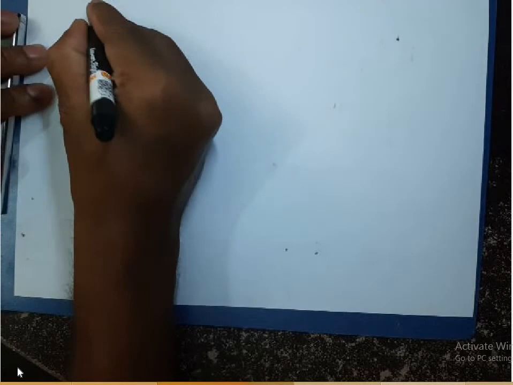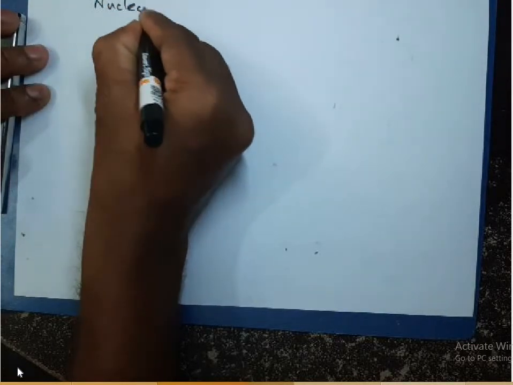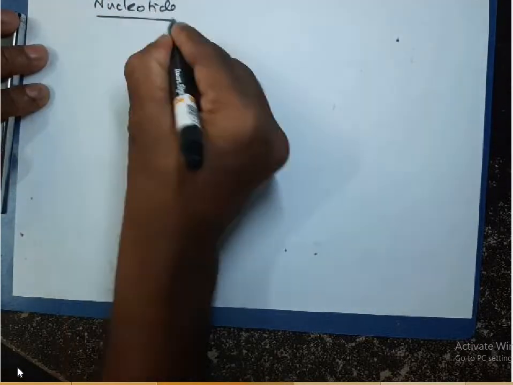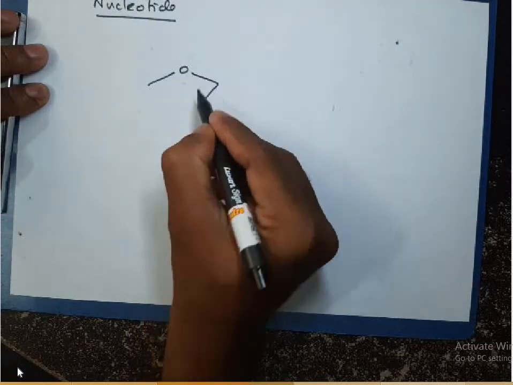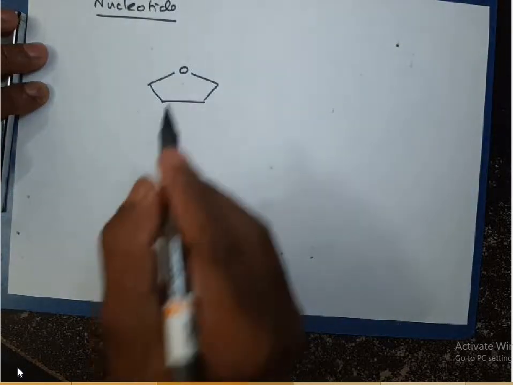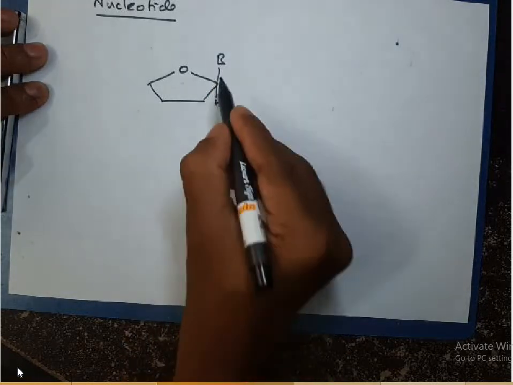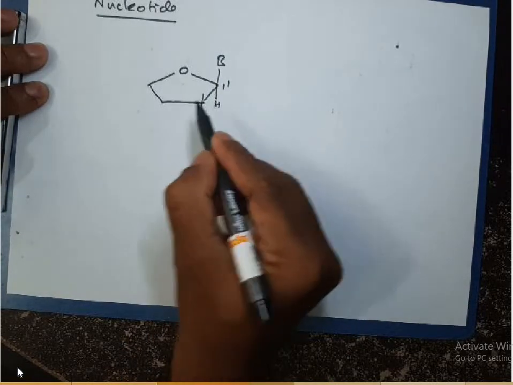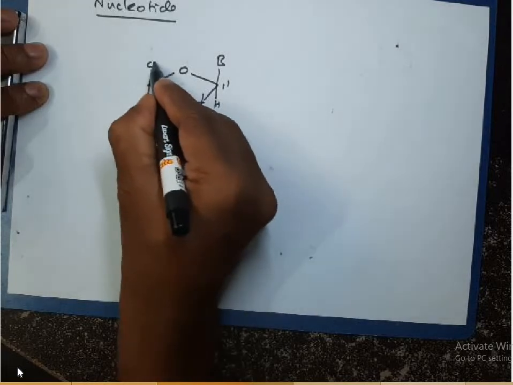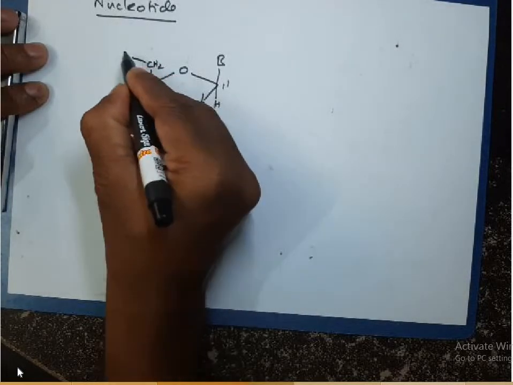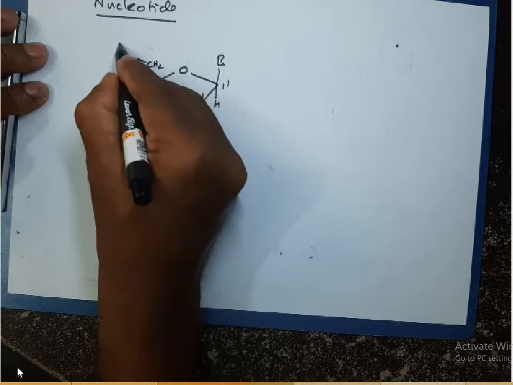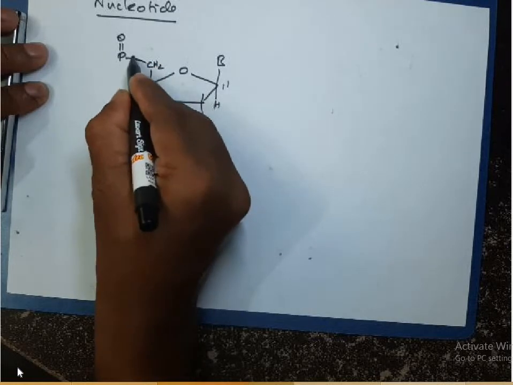Let me redraw in a simple manner how a nucleotide looks. A nucleotide has the structure like this. It has a sugar unit. In 1' carbon, a base is attached. Okay, this is 1' carbon, right? And in 5' carbon, a phosphoric acid unit, or phosphate unit, is attached.